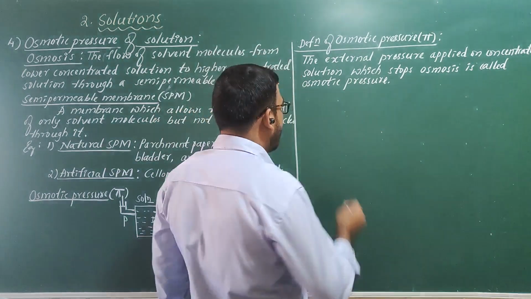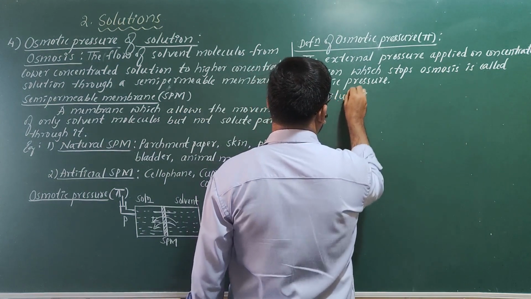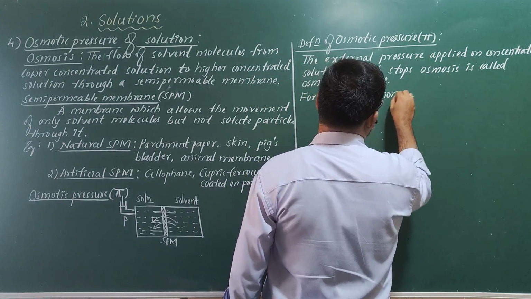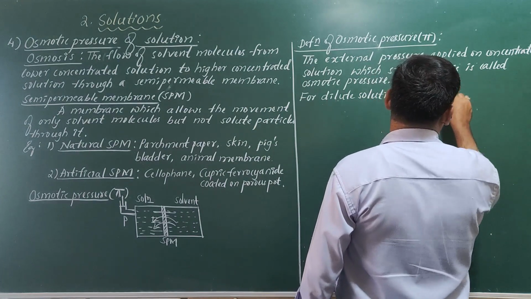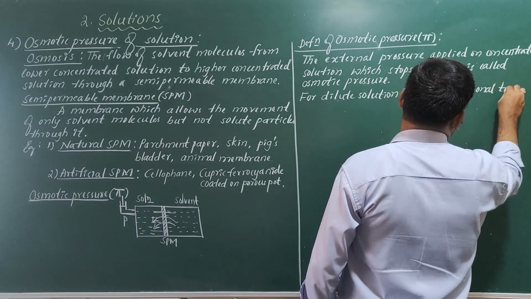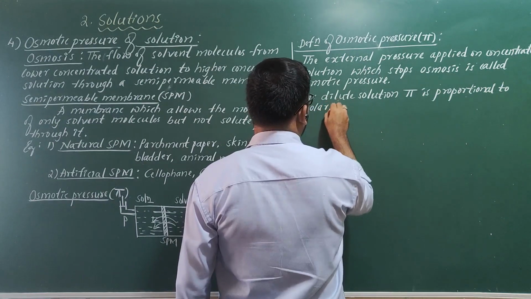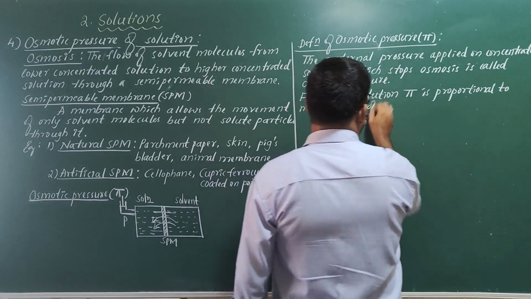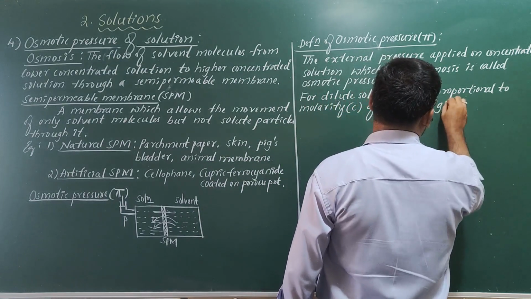Now for dilute solutions, see, this pi, pi means osmotic pressure, is proportional to the molarity of the solution. Pi is proportional to molarity, not molality, molarity. So I am taking C here, the molarity of the solution at a given temperature.